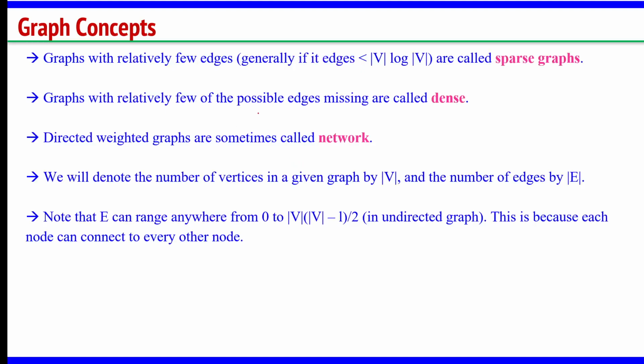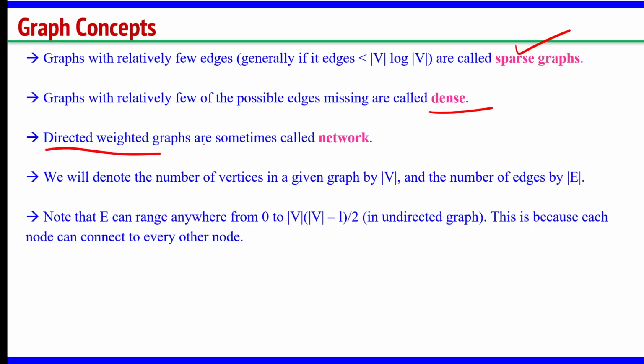Next, a graph with relatively few edges is called a sparse graph. A graph with only a few of the edges missing is called dense. If there are only a few edges, it is a sparse graph. If there are so many edges, it is called a dense graph, right.